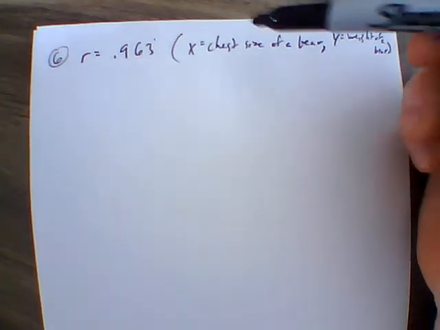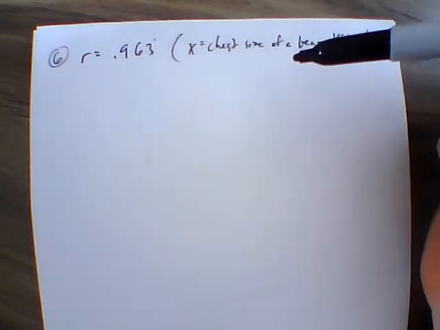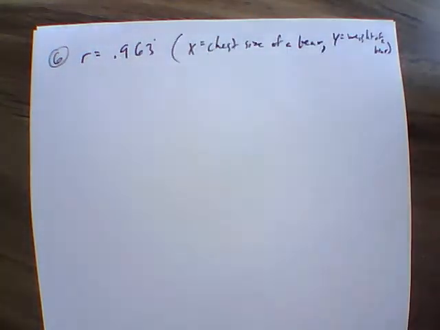So we're trying to compare the chest size to the weight. They give us an R value here. It tells us to use the value of the linear correlation coefficient R to find the coefficient of determination and the percentage of the total variation that can be explained by a linear relationship.